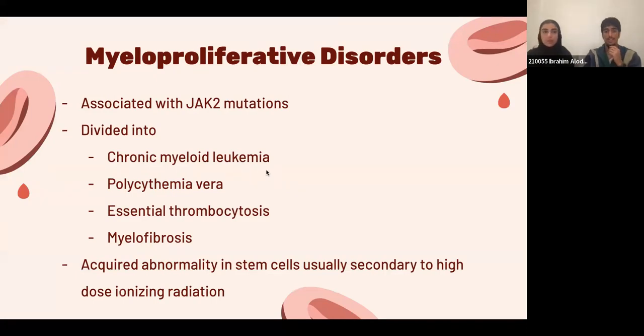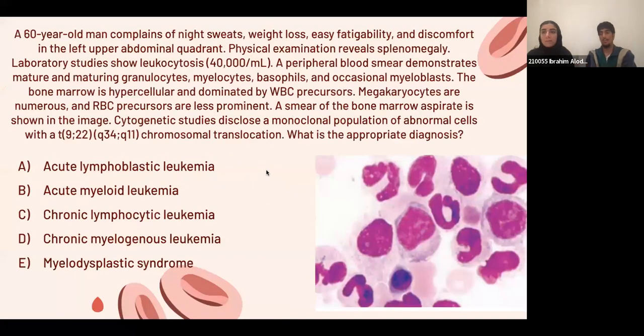Great. All right. A 60-year-old man complains of night sweats, weight loss, easy fatigability, and discomfort in the left upper abdominal quadrant. Physical examination reveals splenomegaly. Lab studies show leukocytosis, so 40,000. Normal is 4 to 11,000. Peripheral blood smear demonstrates mature and maturing granulocytes, myelocytes, basophils, and occasional myeloblasts.